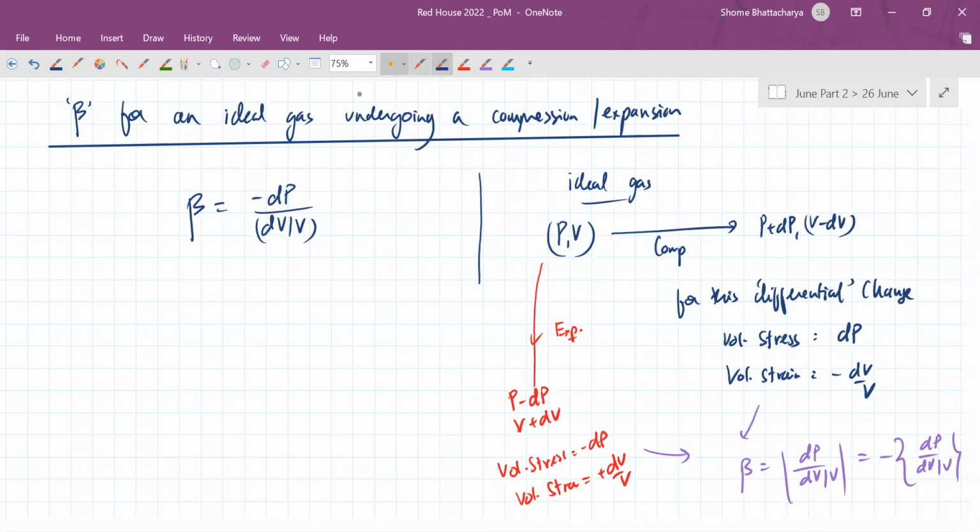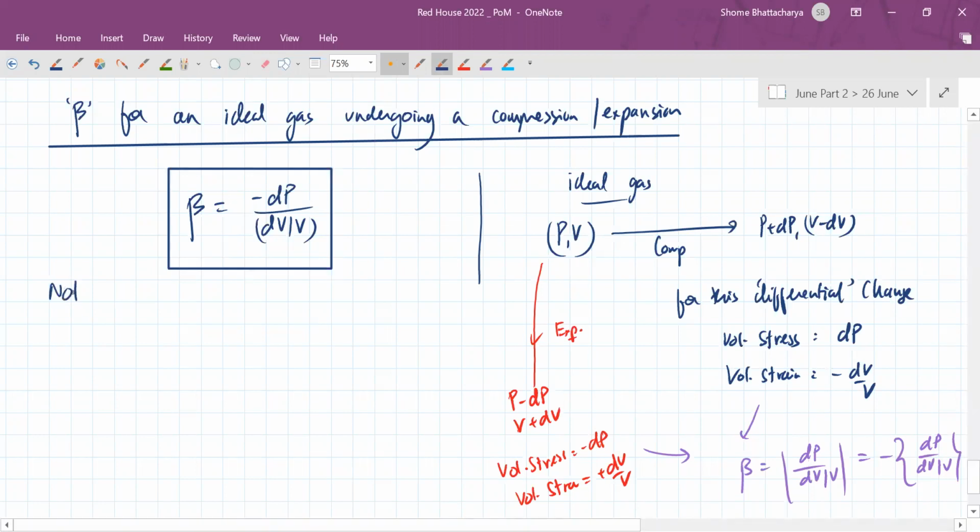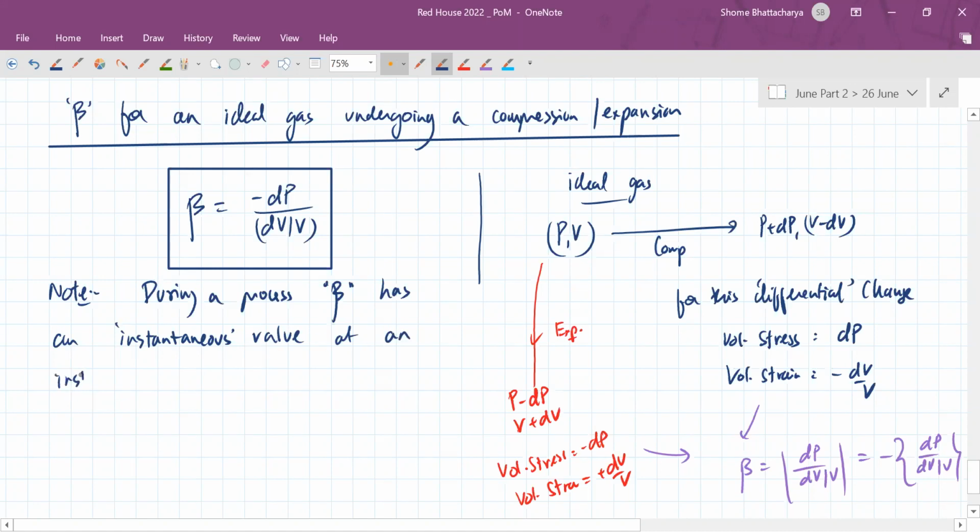so this is the formula for bulk modulus. So what you understand is that during a process, bulk modulus has an instantaneous value, at an instantaneous state.